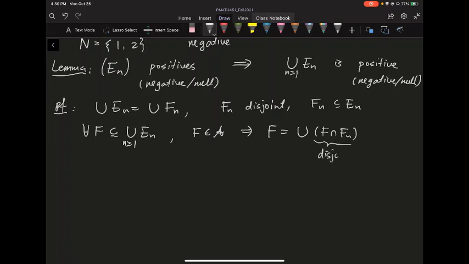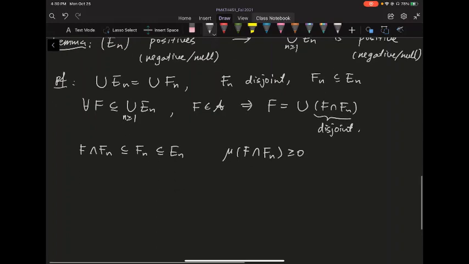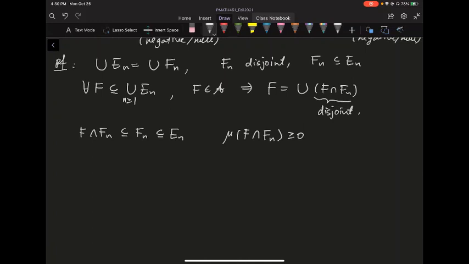Each of them is inside the sigma algebra as well, and each F intersect Fn is a subset of Fn, and Fn is a subset of En. So the measure of a subset of a positive set is non-negative. And F is a disjoint union of these sets, so mu of F is the summation of mu of F intersect Fn, which is non-negative. So this shows the union is a positive set.